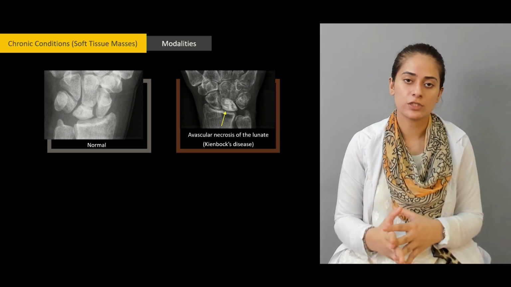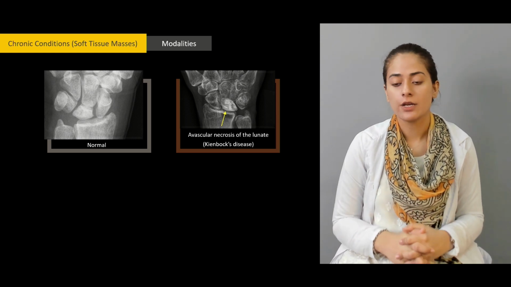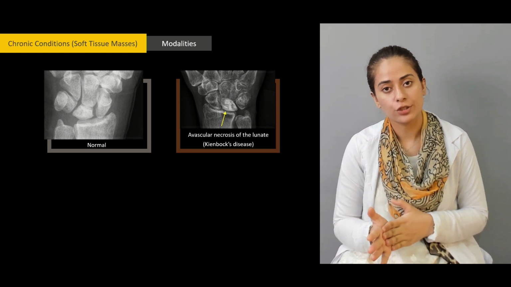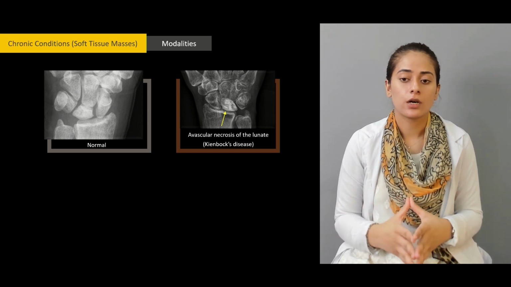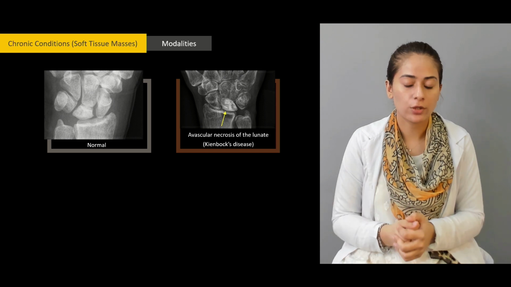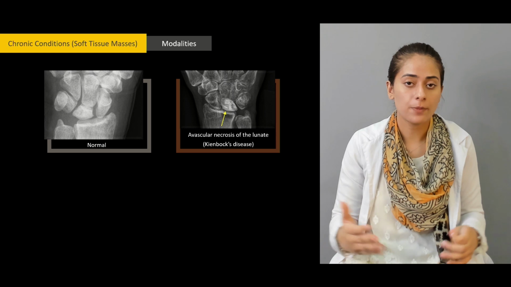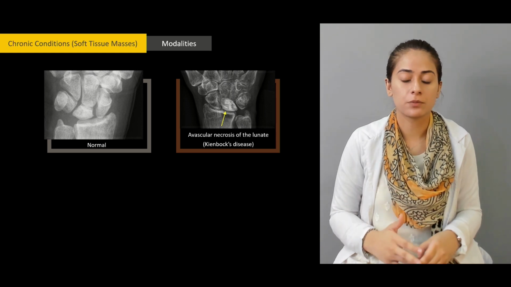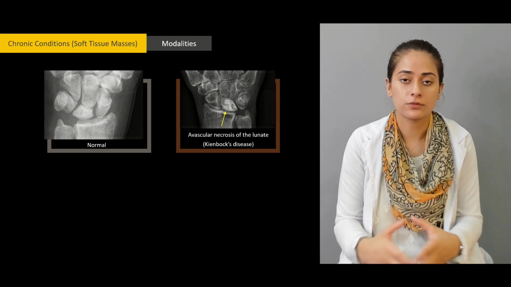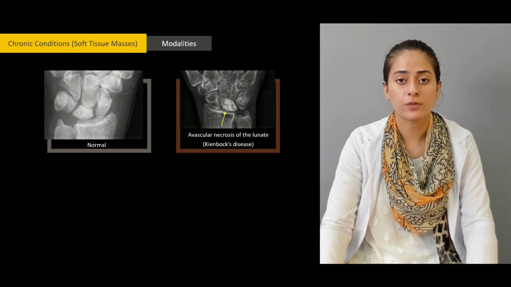A number of reasons can be the cause of this disruption, and as a result, avascular necrosis of the bone will slowly develop, because if the blood supply stops, it's not an acute condition where the bone will just die because of not an adequate supply of nutrients.